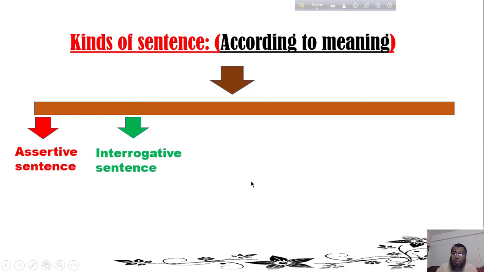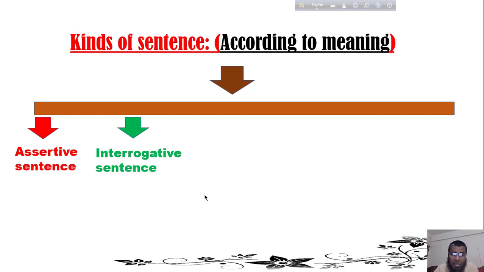interrogative sentence, right? So what is an interrogative sentence? Have you any idea? I can share with you. The word interrogative comes from the word interrogate. So what is the meaning of interrogate?